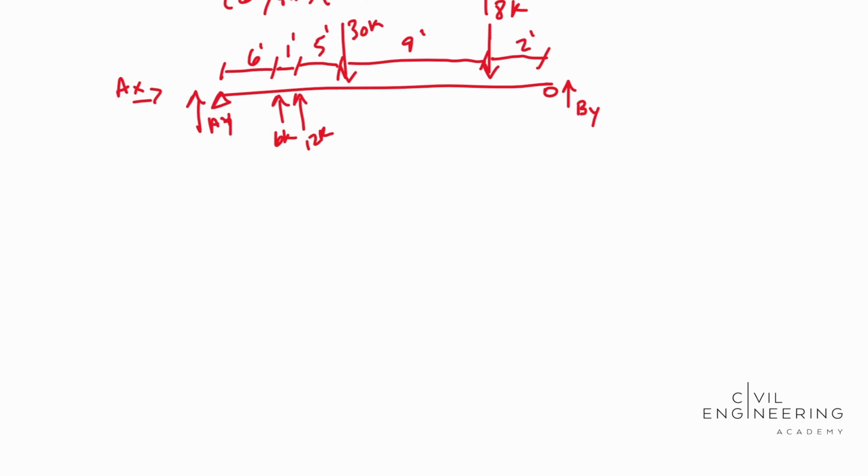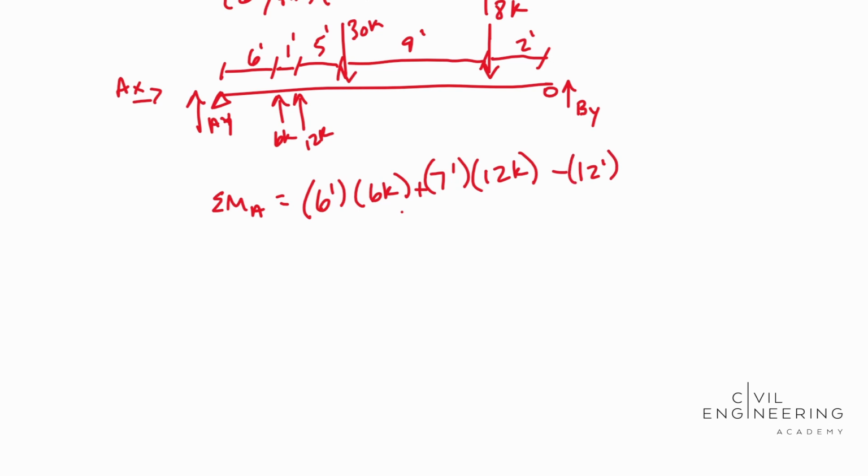The way we're going to do that is by taking a moment. So you can pick A or B. I chose A. Okay, and this is going to look like 6 foot times 6 kips plus 7 foot times 12 kips minus 12 foot times 30 kips minus 21 foot times 18 kips and plus 23 foot times BY.